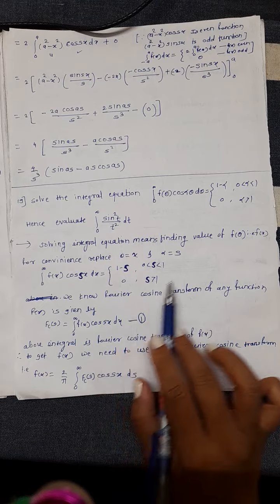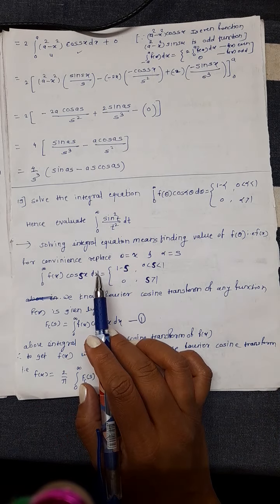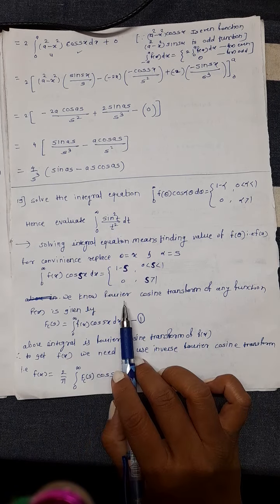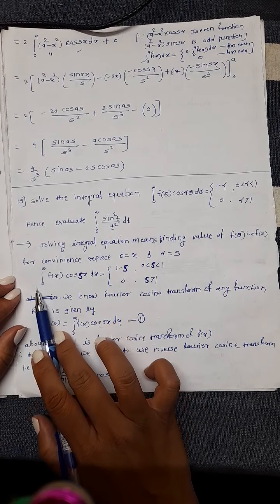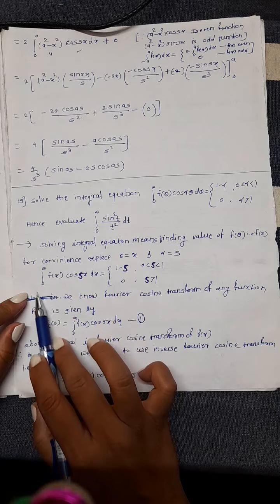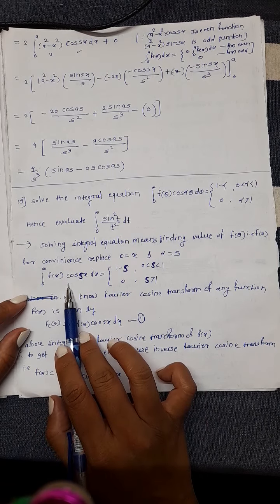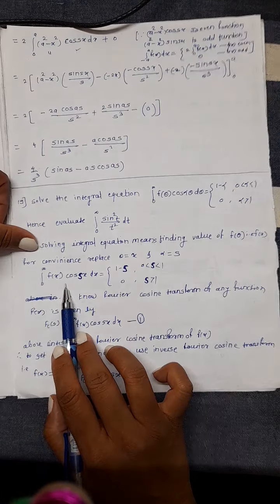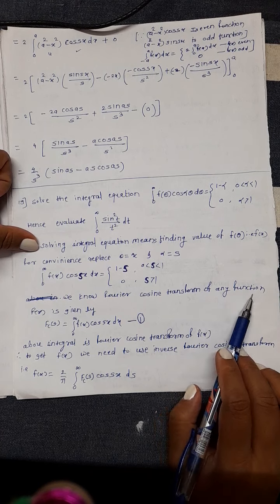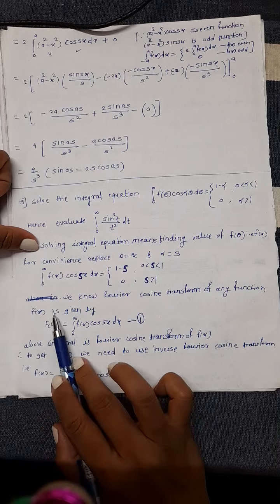Now this comes in our usual notation. Now we have to understand how to find the answer. We are going to find f of x from this equation, and if you observe this integration, it is the Fourier cosine transform formula, right? Here we know the Fourier cosine transform formula of any function f of x, which is given by this.